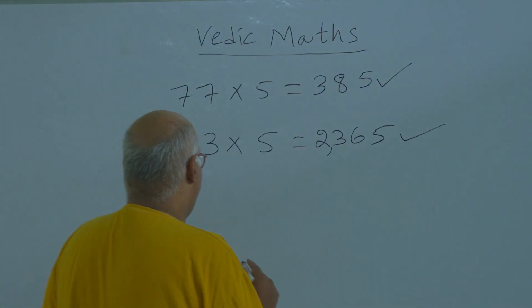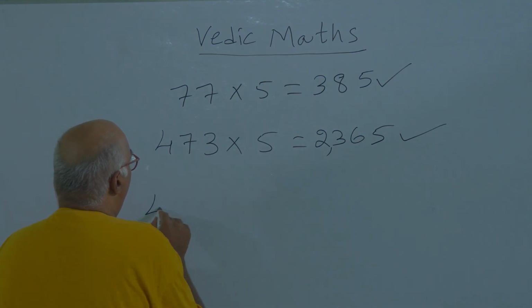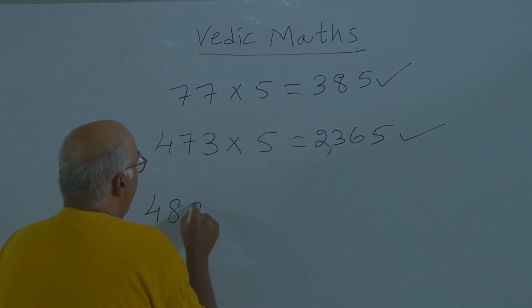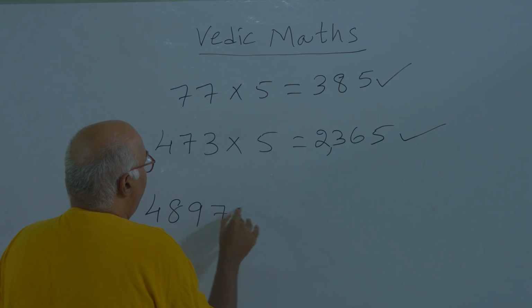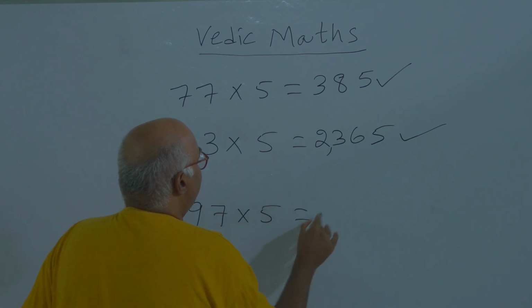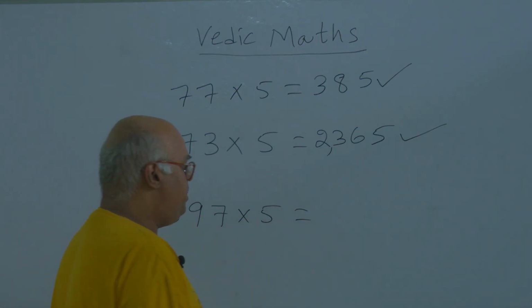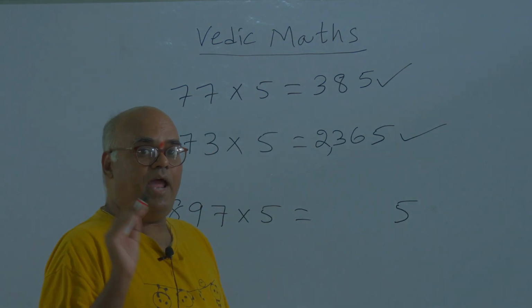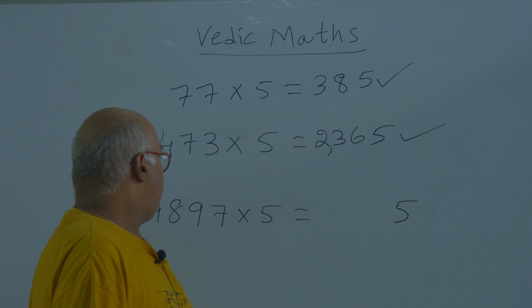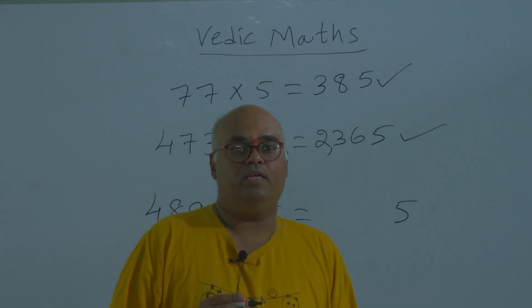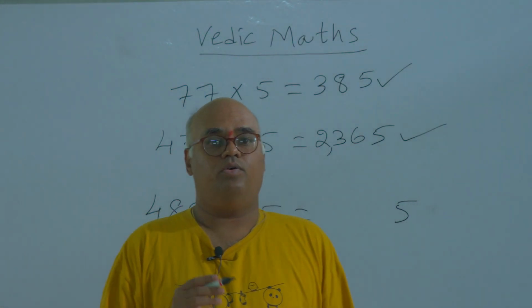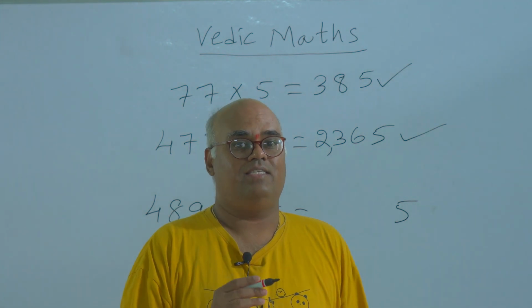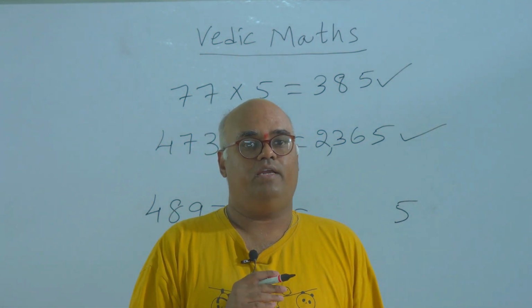Now I will take a last example. For example, I will take a 4-digit odd number, 4897 into 5. First step is put 5 in the unit place of the answer. Now subtract 1 from 4897. 4897 minus 1 is 4896. Find half of 4896.